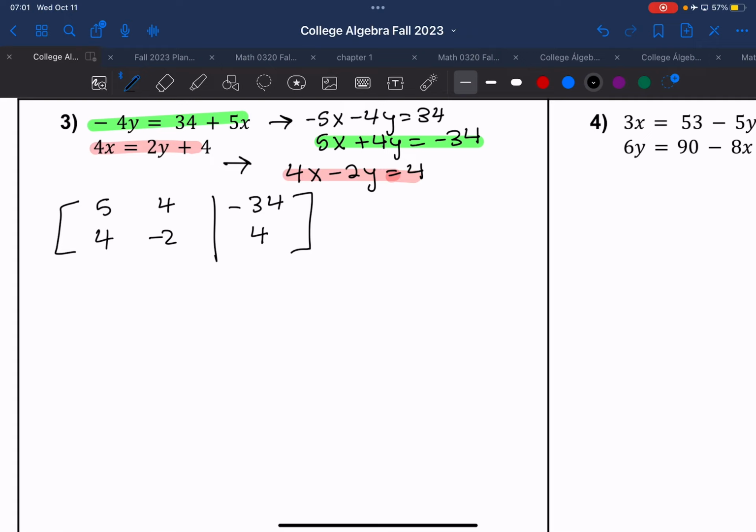Okay. When I have my matrix set, what's the first thing I'm looking for in my matrix? If I have any 1s or 0s, and that kind of tells me if I have a starting point. Does this have any 1s or 0s? No, so I need to create my own starting point.